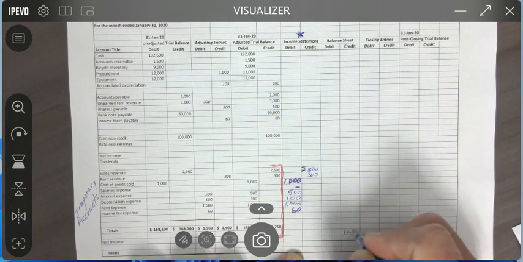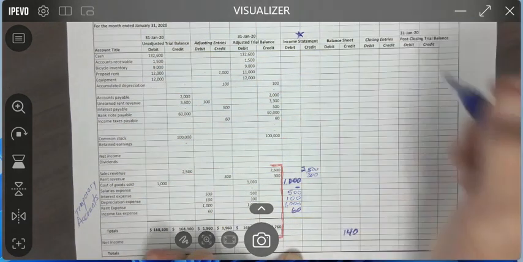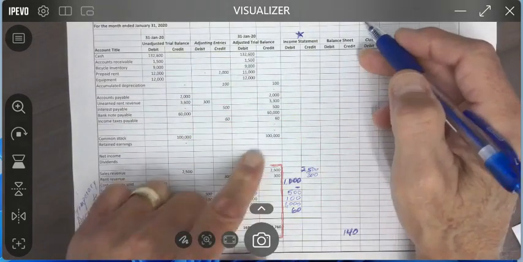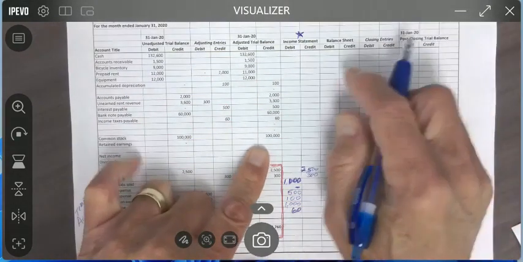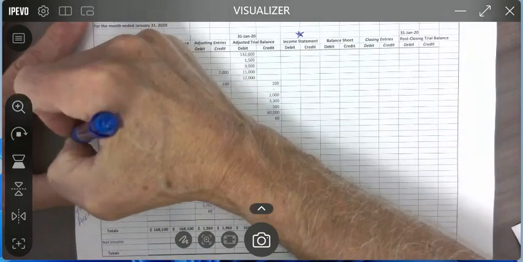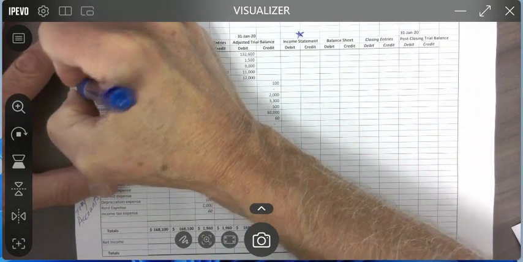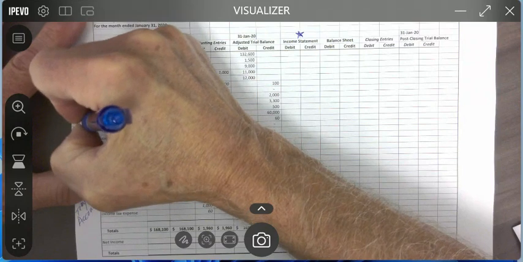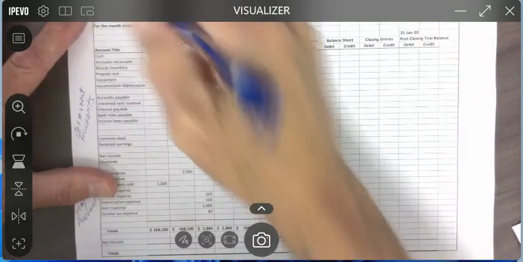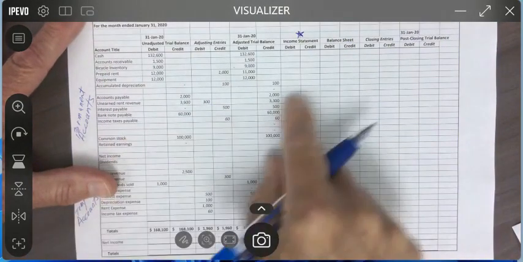Because it's going to be relevant to retained earnings whenever we close the net income for the period to the retained earnings account. Okay, so on the balance sheet, we will have the permanent accounts, and these are those permanent balance sheet accounts.